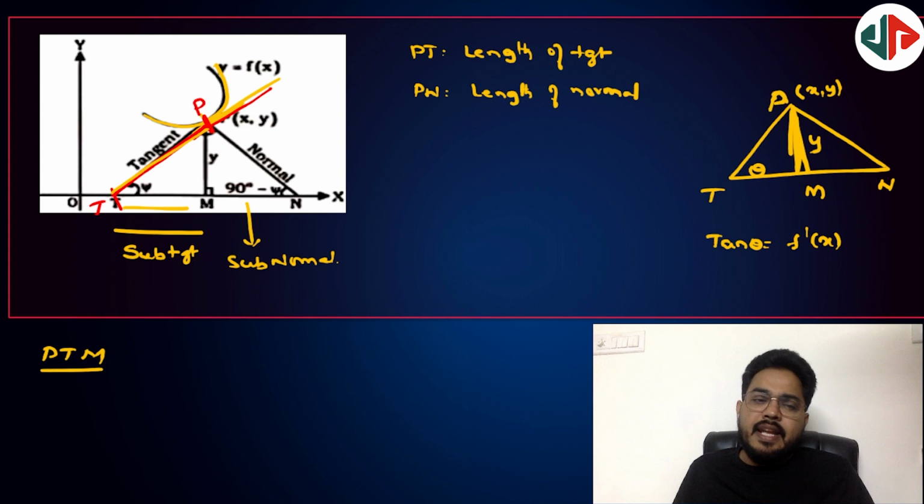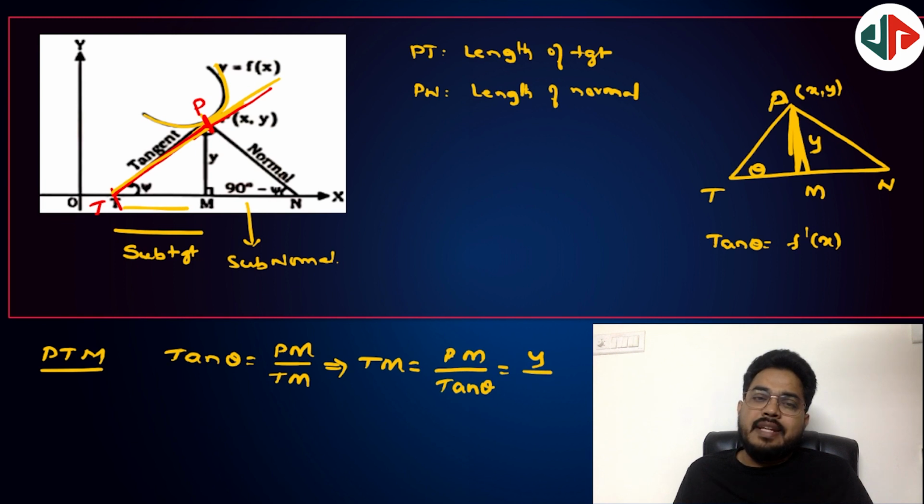From PTM, tan theta is equal to PM by TM. So TM is equal to PM by tan theta, which is equal to y by f dash of x.